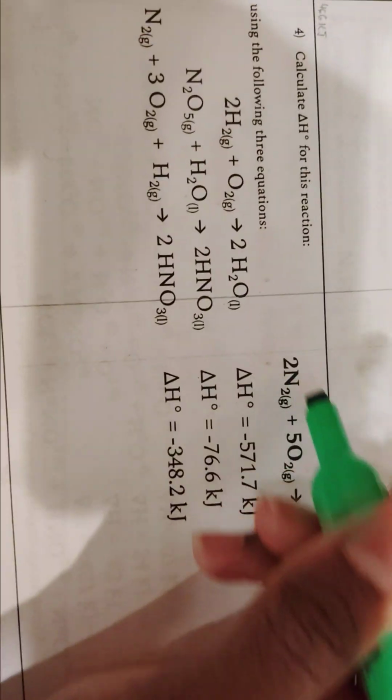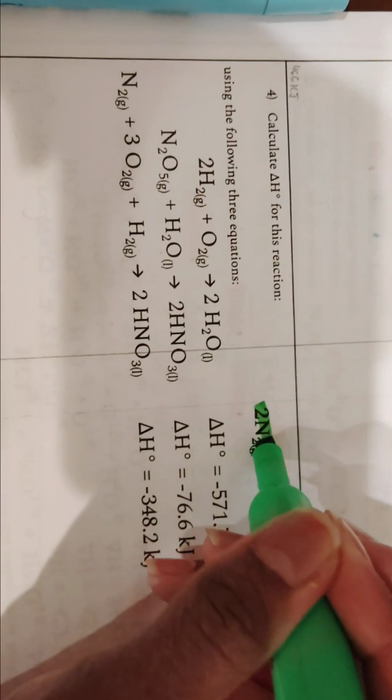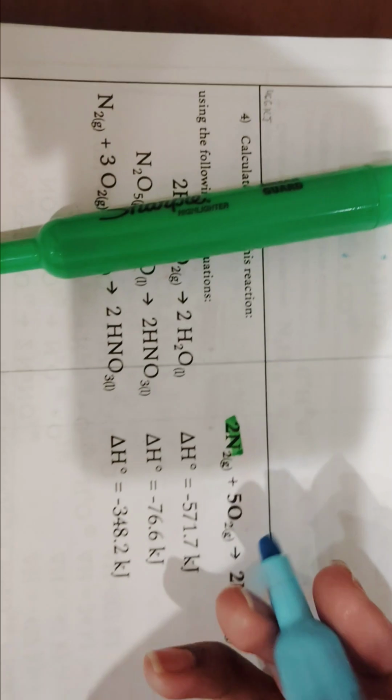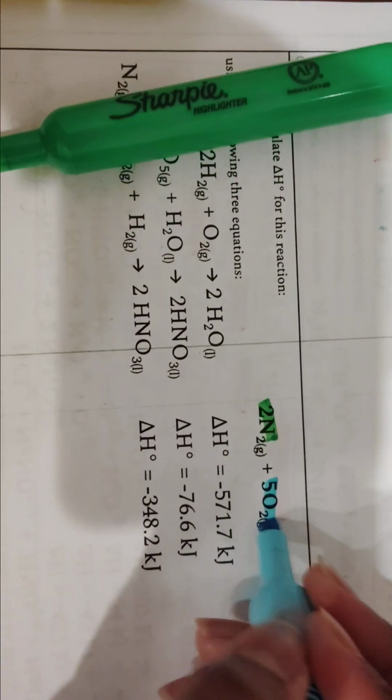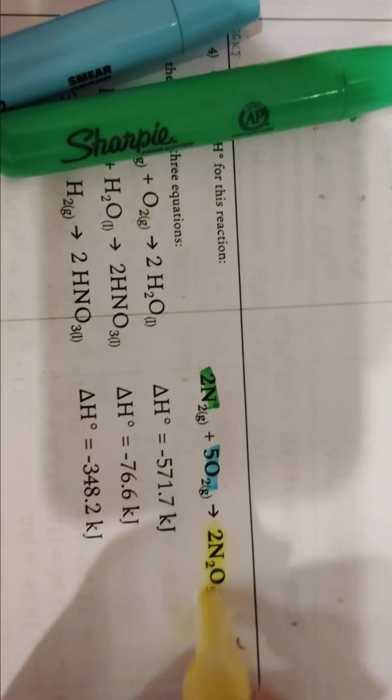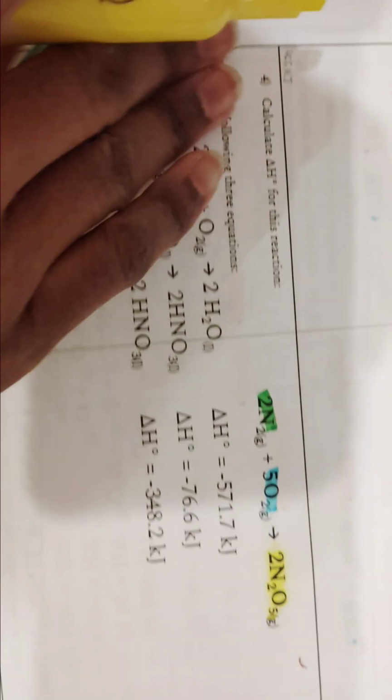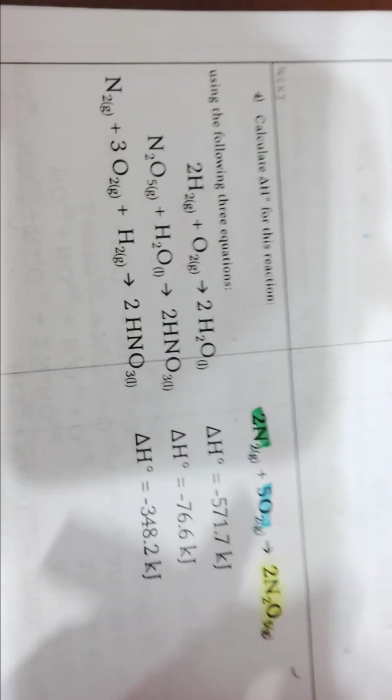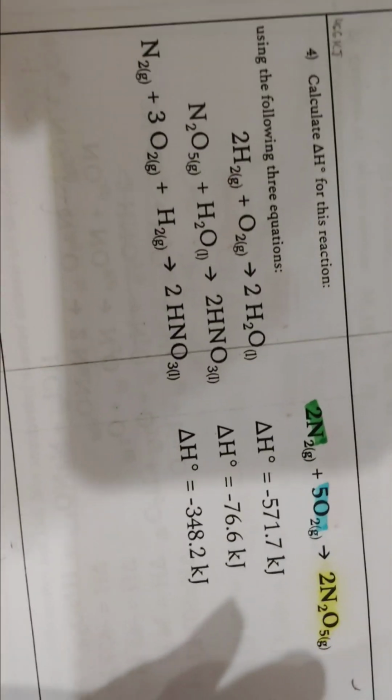So we're going to do the 2 nitrogen in green, oxygen in blue, and the 2 N2O5 in yellow right there. Now we're going to do the same thing over here.